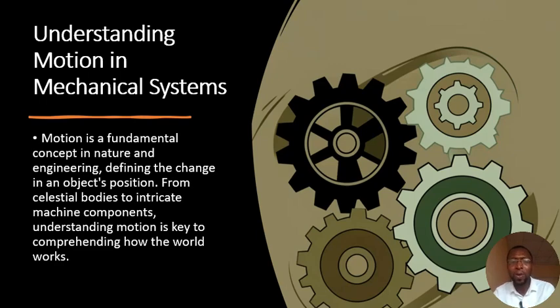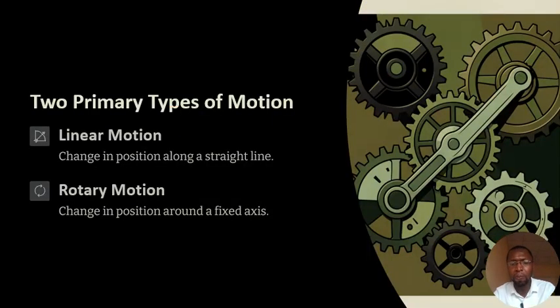So first of all, let's talk about the type of motion we are looking at today. There are different types of motion, but basically we are going to be looking at these two types. The first one is called the linear motion. This motion involves change in position of an object along a straight line.